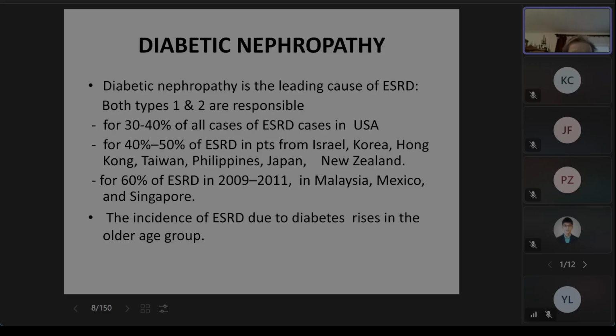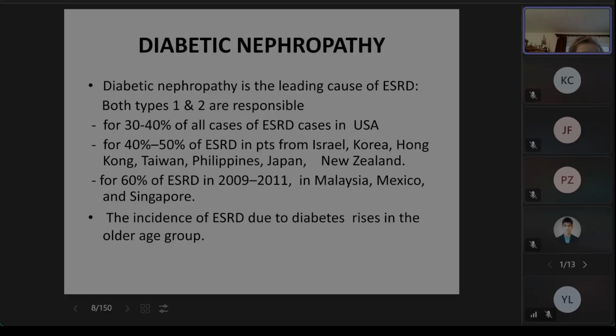And finally, in the years 2009 up to 2011, Malaysia, Mexico, and Singapore claimed that in these countries the percentage of people with end-stage renal disease and diabetic nephropathy reached almost 60% of patients. Of course, the incidence of end-stage renal disease due to diabetes rises in the older age groups.